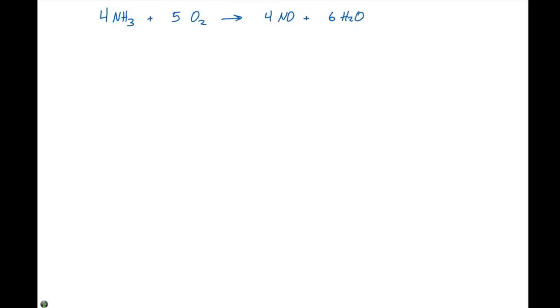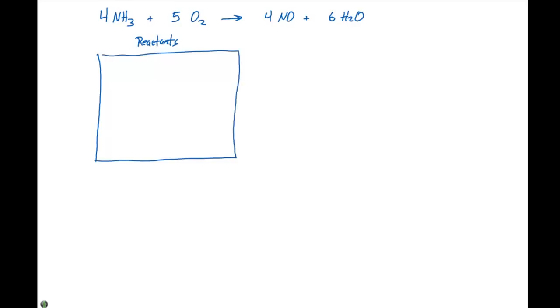Here I have listed the same reaction that we analyzed in the previous video. And what I want to really emphasize here is what is actually happening at the atomic level when a chemical reaction occurs. So let's just say we have the reactants here in some sort of container. And in this container, I'm going to represent oxygens with clear open circles.